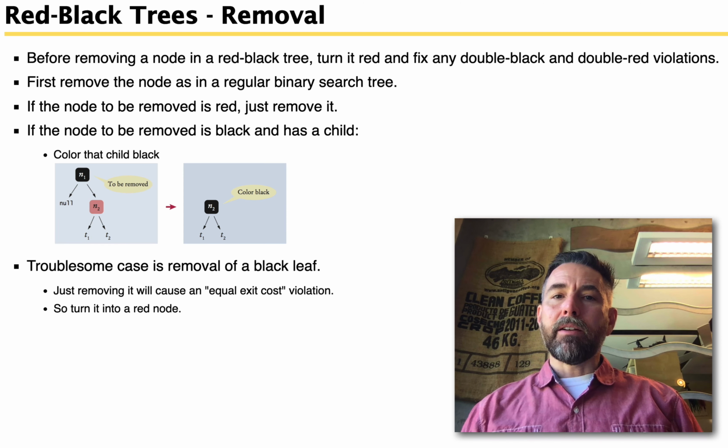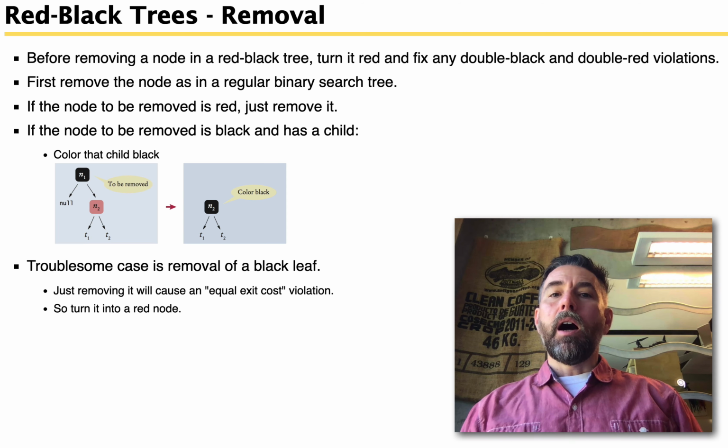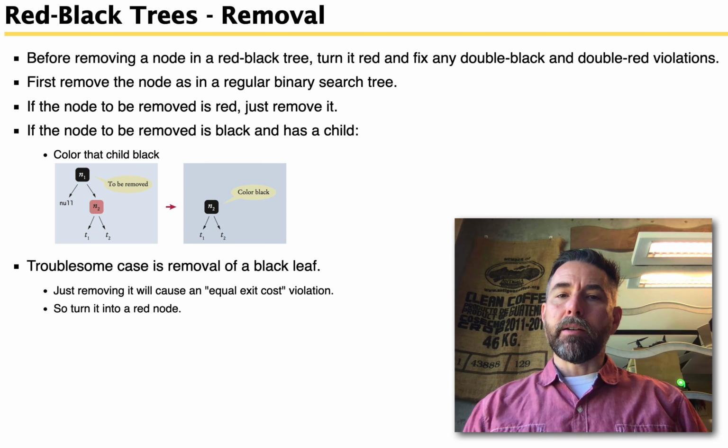By doing that, we've removed one red node, but that doesn't introduce any double reds, and it doesn't change the exit cost at all. On the other hand, if the node that we want to remove is black and has one child, then we can do a basic restructuring as shown here.